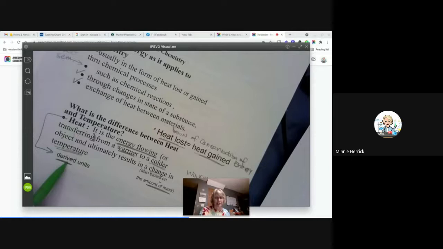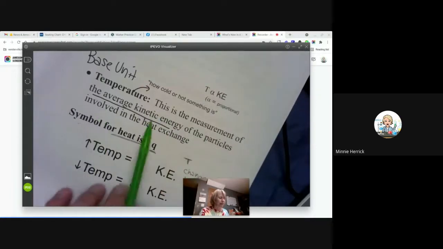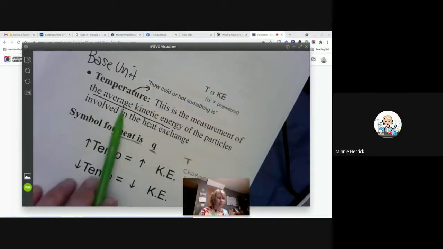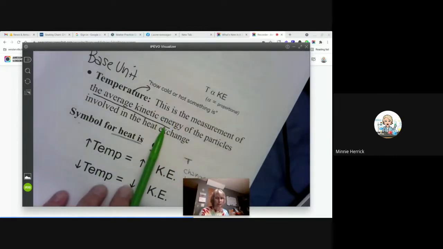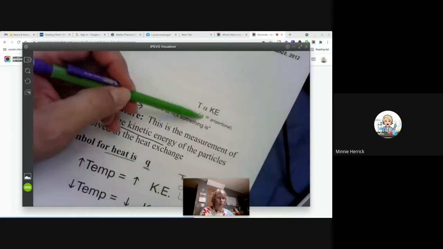You have to calculate it, and we'll be doing calculation math later on how to actually get heat. Then we have the temperature definition. This is the measurement of the average kinetic energy of particles involved in the heat exchange. So it's a direct measurement of the average kinetic energy. It's directly proportional. That's what this little symbol is.